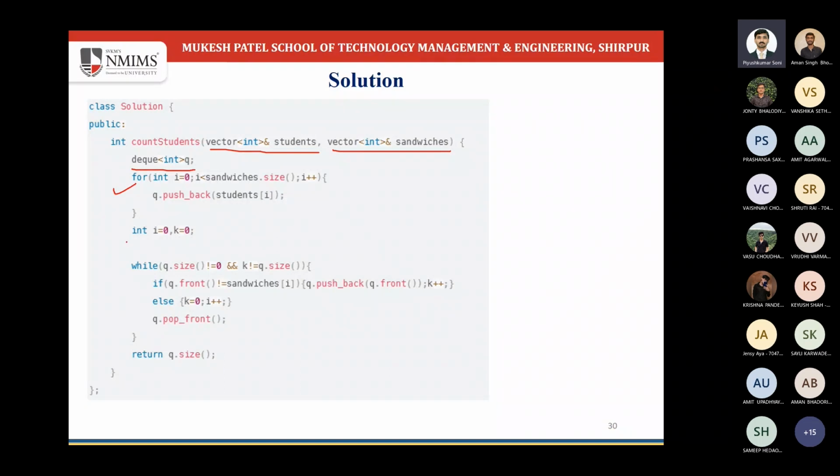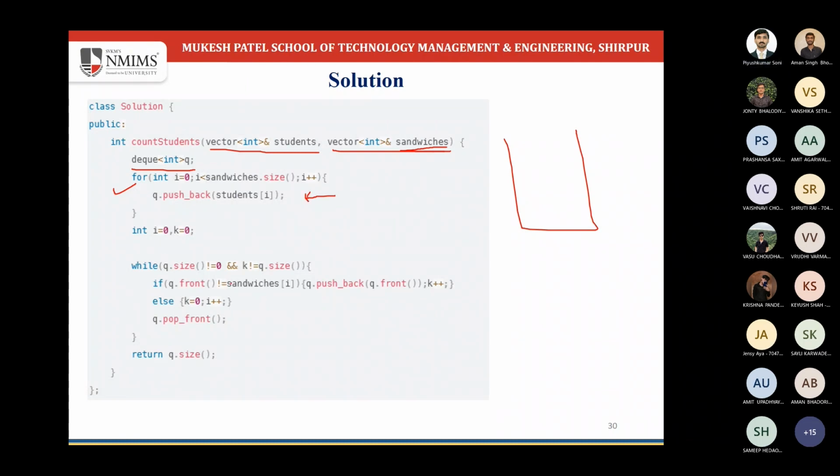Look at this: the sandwiches vector will contain the numbers representing the sandwiches available in the form of a stack. So we will be pushing those into the queue.